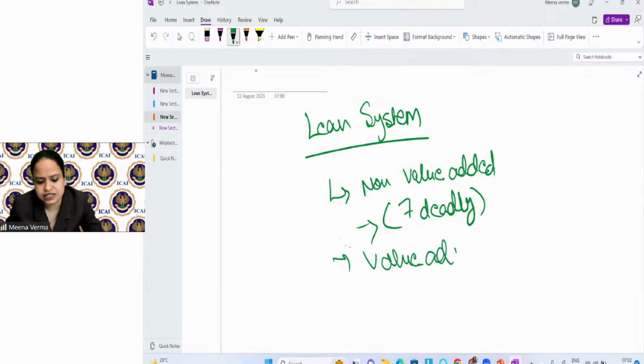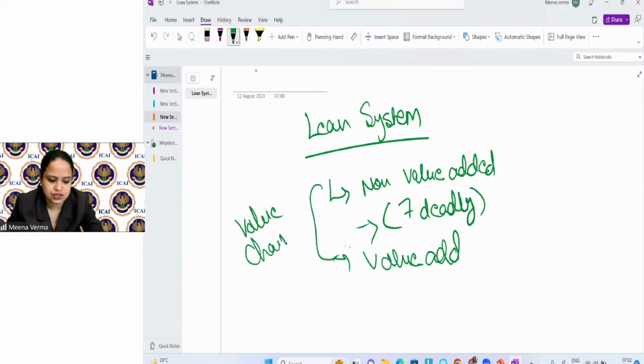This is something we have already studied in value chain analysis also. Porter's 5 forces model is also focused on identifying the value-added activity and the non-value-added activity, and removing the non-value-added activity from the organization.